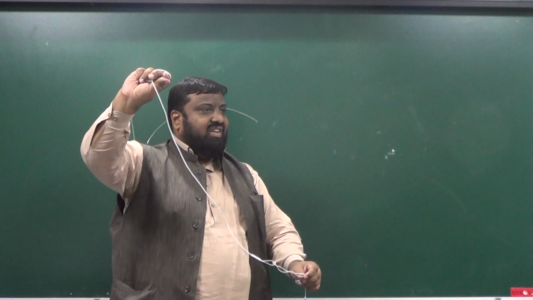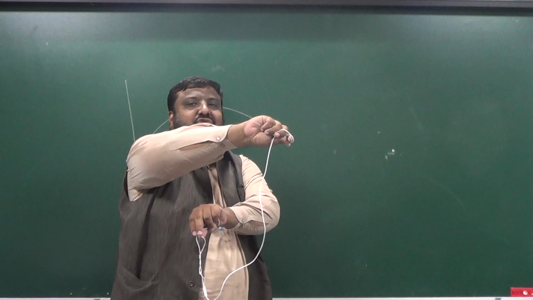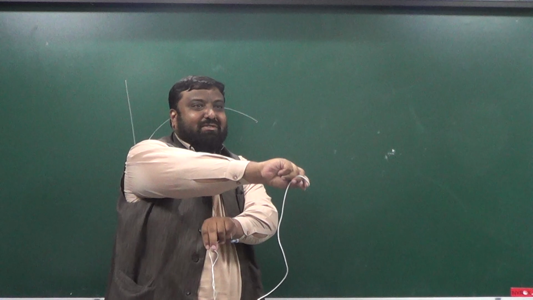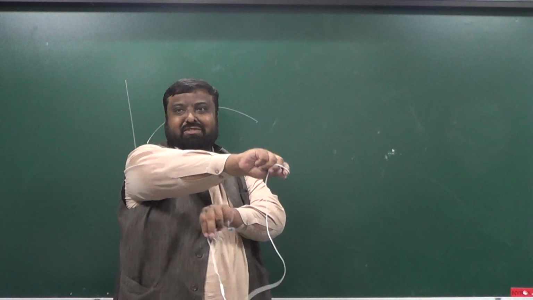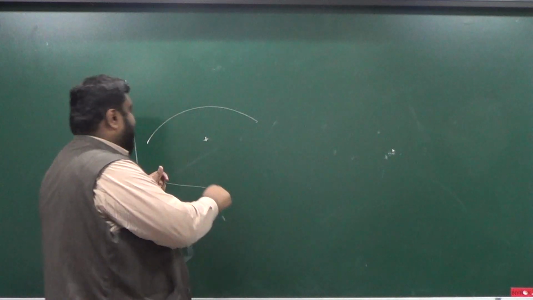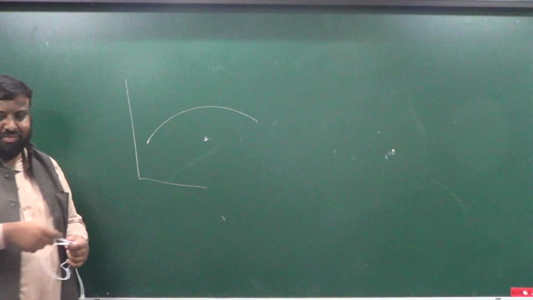The question is how to compute the area under such a wiggly curve. Isn't it a very interesting question? You have a wiggly curve which is sitting in this space. It's not like a curve embedded in 2 dimensions. So the question is how to compute the area under it.